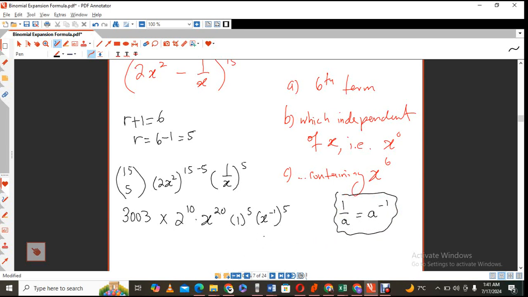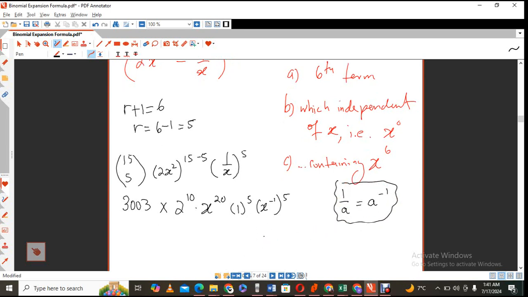Anyway, let's clean this up. Again, as I said, it's a horrible number. This is 3003 times 2 raised to the power of 10, which is 1024. This is just going to be 1 because 1 raised to anything is 1, and it's x raised to the power of 20 times x raised to the power of -5.